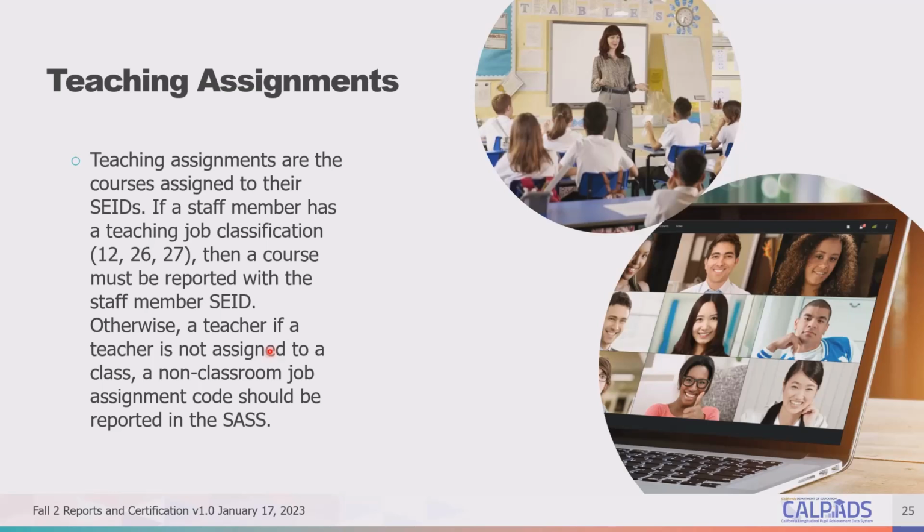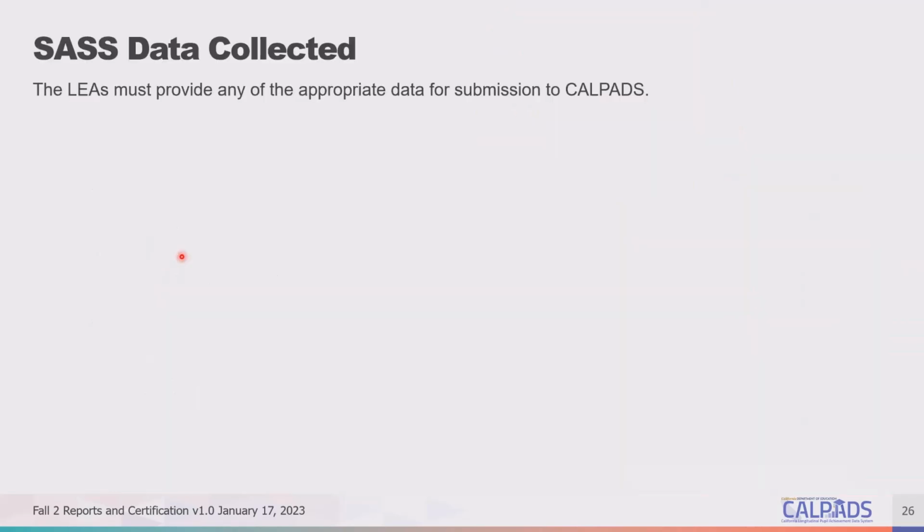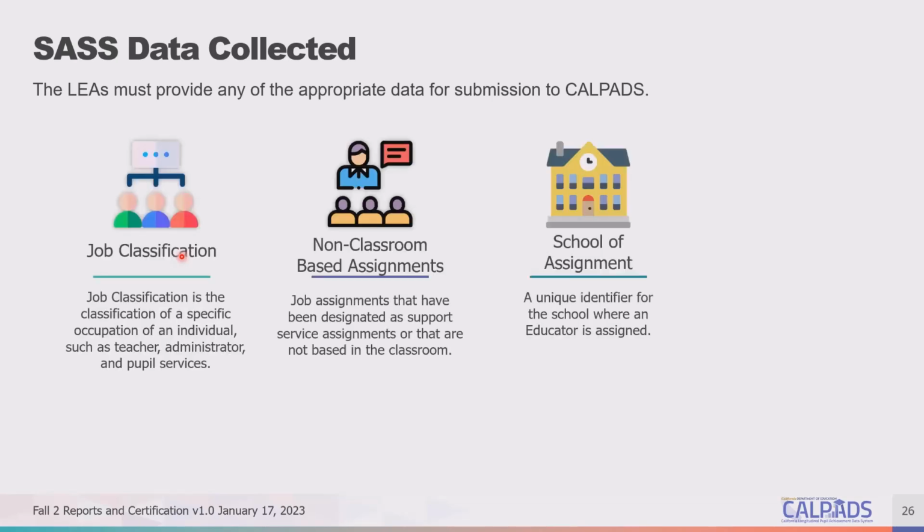These are the teaching assignment codes that you submit when reporting the staff assignment record in CalPADS. You have your regular teacher 12, your non-certificated charter school teacher 26, and itinerant teacher 27. Part of the staff assignment collected are these.